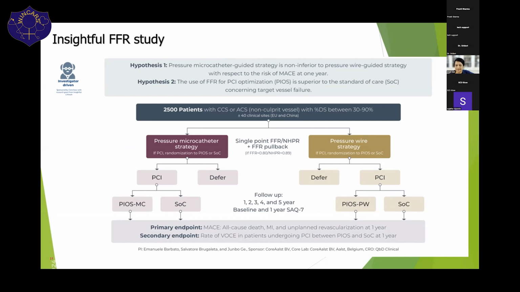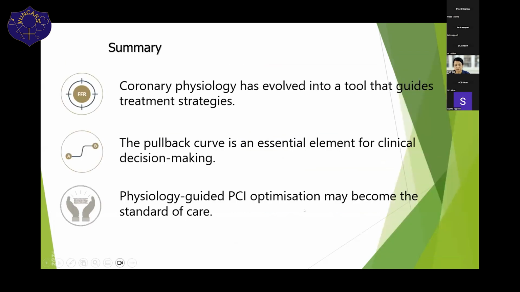The future direction of PCI will be stentless PCI. That is our focus in the future, so that it will be metal free PCI, where 70% will be metal free and only 20% will have some stents, and the rest will have the BSR. This is going to happen with these kinds of AI based techniques which we can use for future optimization, physiology guided.